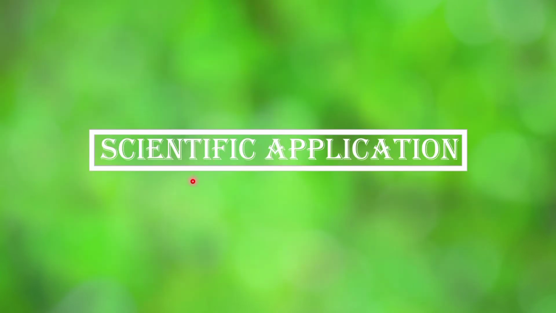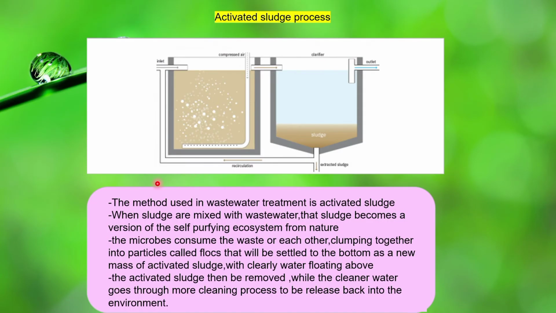So we're going to look at a scientific application. In this slide, I will explain in a little more detail how wastewater treatment works using protozoa. The method used in wastewater treatment is called activated sludge. As you can see here, this is sludge mixed with wastewater. In this mixture, there are microbes such as bacteria and protozoa.